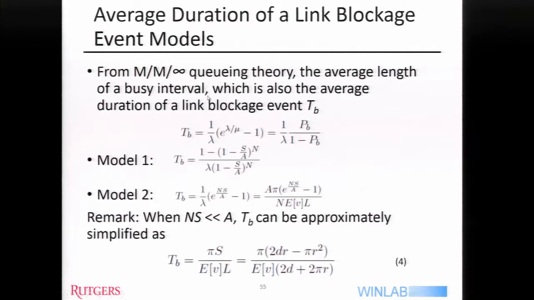Also, from queuing theory, we can get the average length of a busy interval, that is, the average duration of a link blockage, the TB we want to get. Because we have two blocking probability models, we also get two models for the TB. And similarly, if n multiplied by S is much smaller than the size of the area, the two models are quite close to each other, and can be simplified like this.